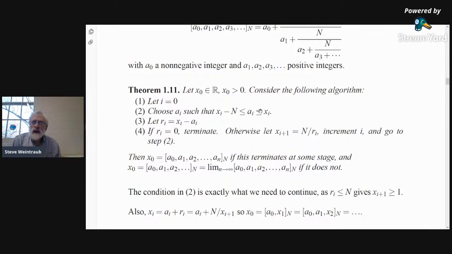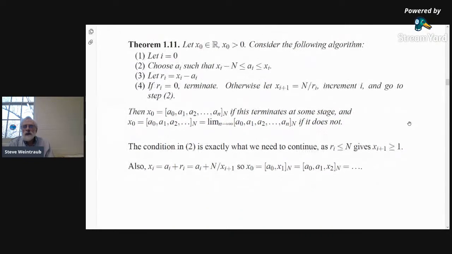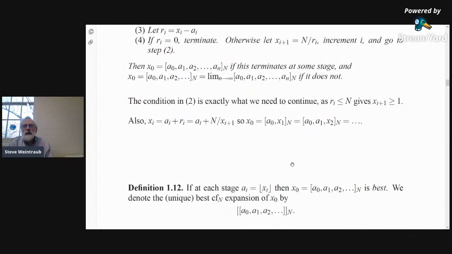Now, I mentioned that we always have more than one choice in case capital N is bigger than 1, but at each stage, we could try to make the closest numerical approximation to x sub i. So in order to get the closest numerical approximation to x sub i, we would choose a sub i to be as close to x sub i as possible. So we think of that as the best choice, which gives us the best numerical approximation.